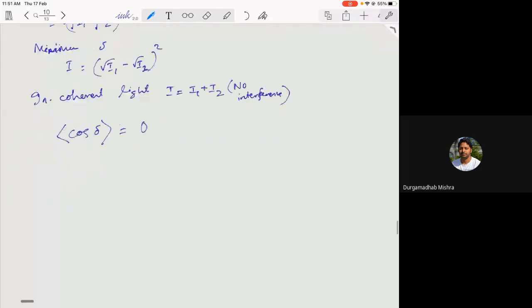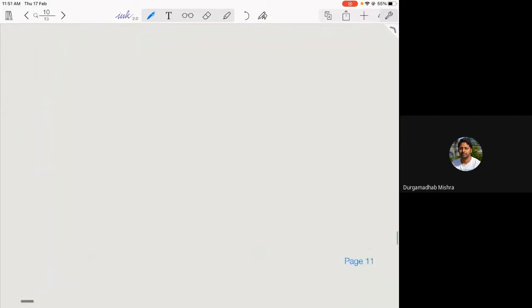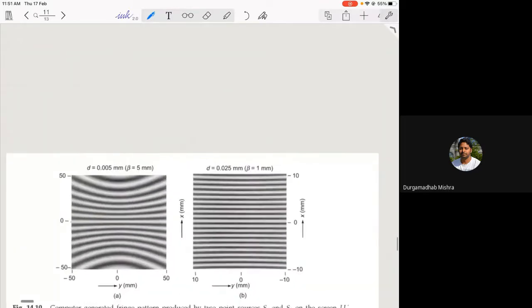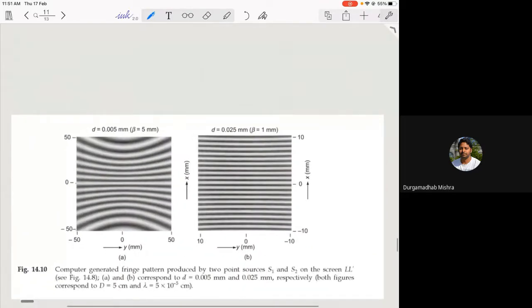So I wanted to show you some figures. Again, I have taken these from the book so that you can refer to them as well. I have put the figure numbers, figure 14.10, so you can refer to these figures and those sections. On the left hand side, you see the hyperbolic nature of the fringe.